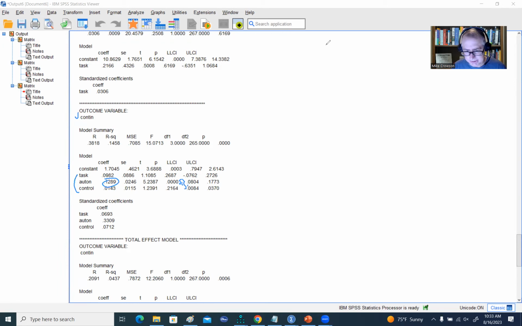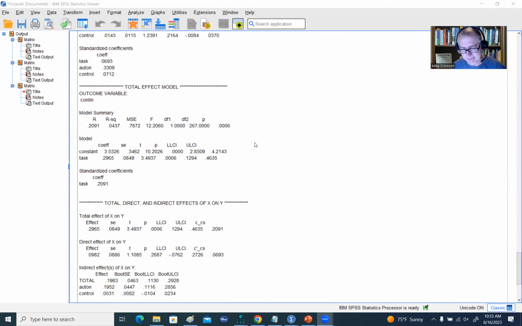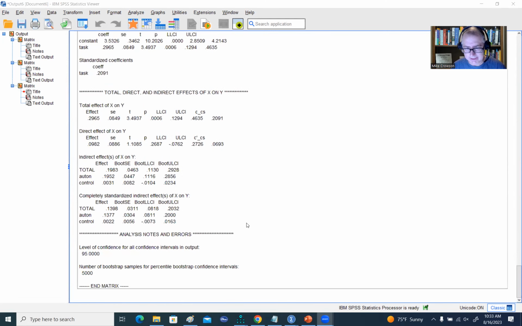So, in a nutshell, the proposition that controlled motivation may partially account for some of the association between task orientation and intention to continue is not supported just by looking at what we see right here. But the formal test of it comes down below in the test of the indirect effects.